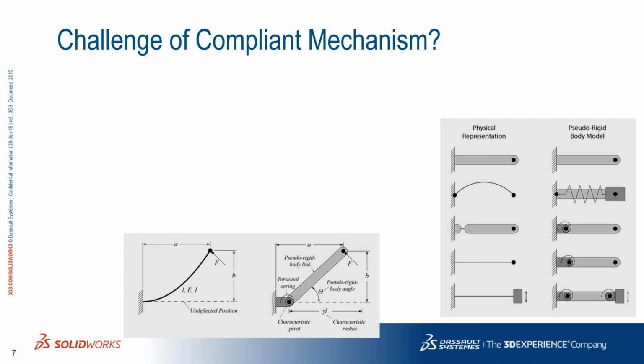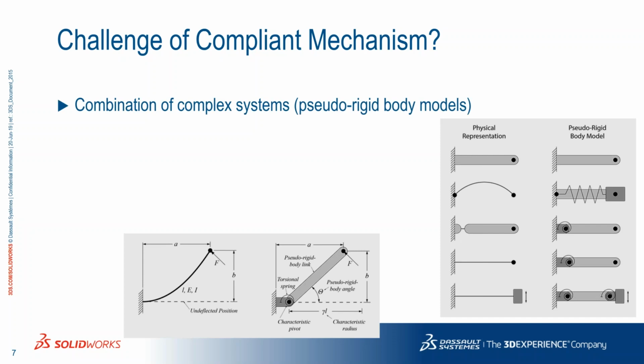Of course, with benefits also come challenges. So which are the challenges of compliant mechanisms? Basically, it's difficult to design a complex system and transform it into a compliant mechanism. On the right, you can see some pseudo-rigid body models to work on, but it's not as easy as you can see.